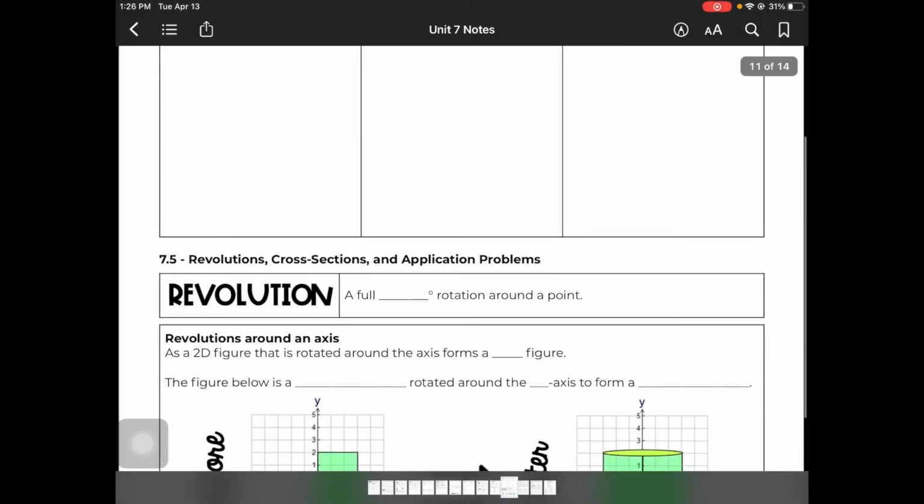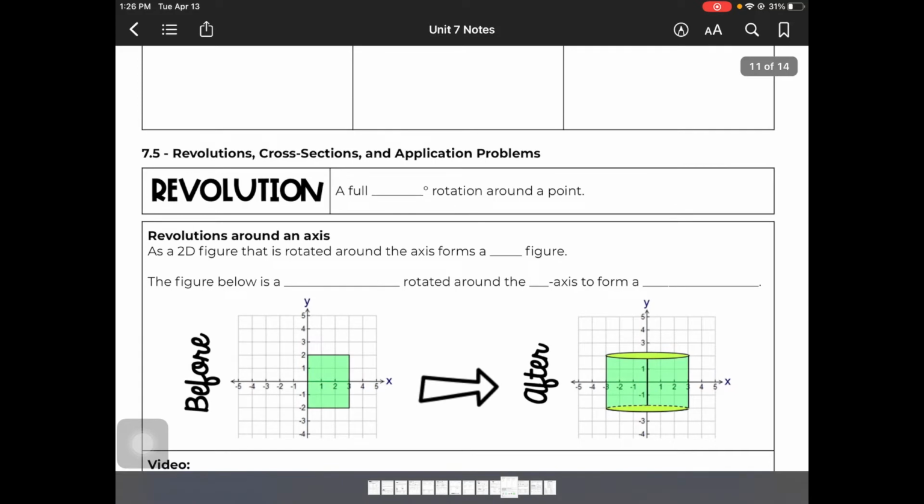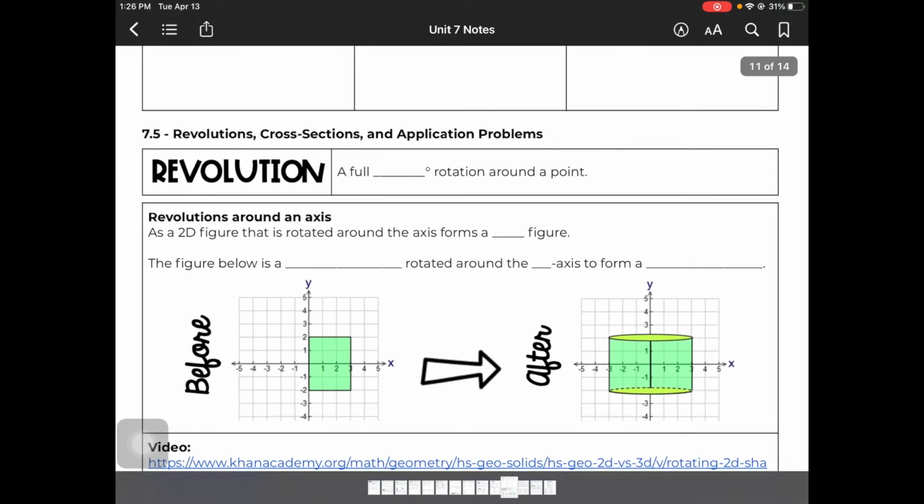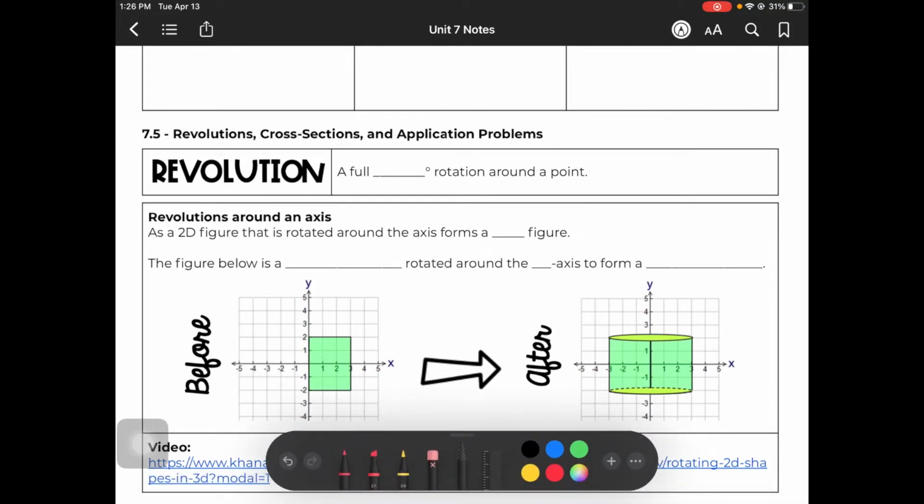In today's lesson video, we're going to be looking at day 7.5, and we're talking about revolutions, cross-sections, and application problems with three-dimensional figures. So first, let's look at what a revolution is. A revolution is just a full 360-degree rotation around a specific point, or rather around a specific axis.